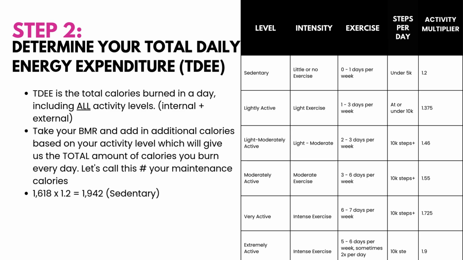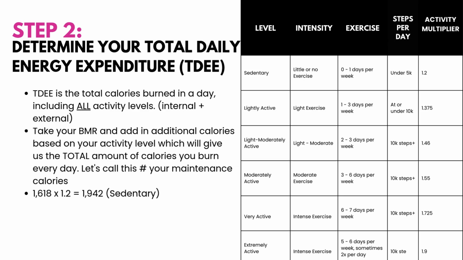Your TDEE factors in not just your BMR, but also the calories you burn through the day doing your daily activities, like walking, working, or even moving around in your seat, like fidgeting. You can estimate your TDEE using activity multipliers, which adjust your BMR based on your activity level. Let's call this number your maintenance calories.